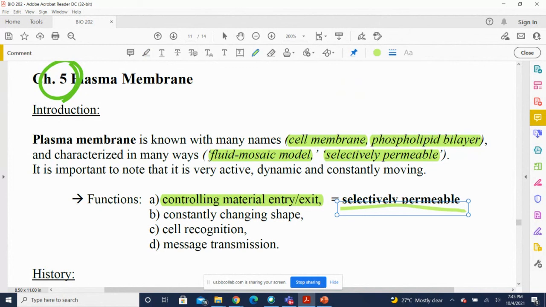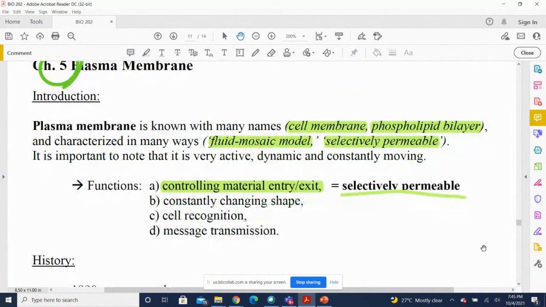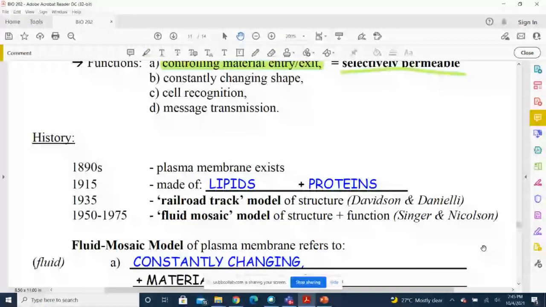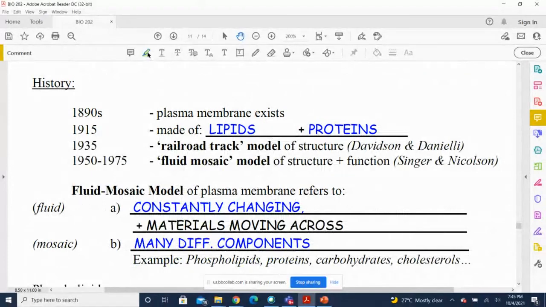They are constantly changing. They also serve an important role in us recognizing cells, if there are foreign cells that shouldn't be in your body, and passing messages. We discussed quite quickly the history of how we came up with our current model of the plasma membrane.